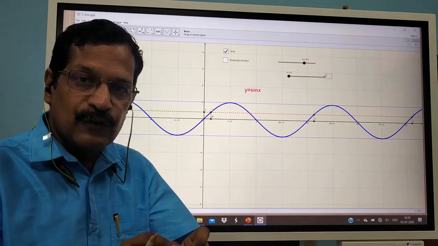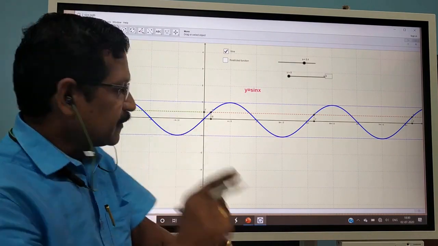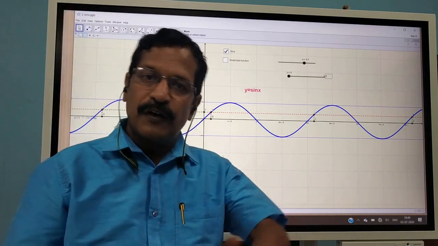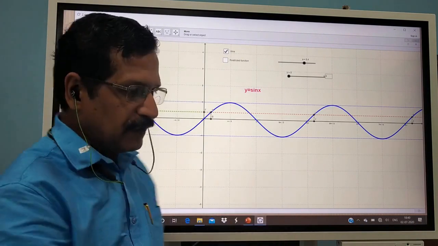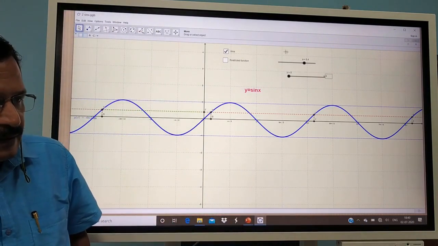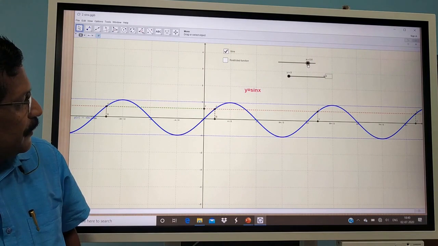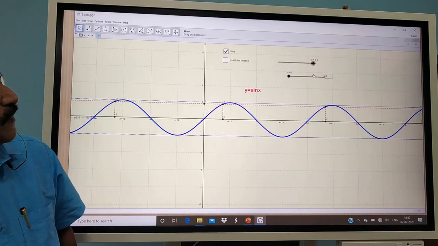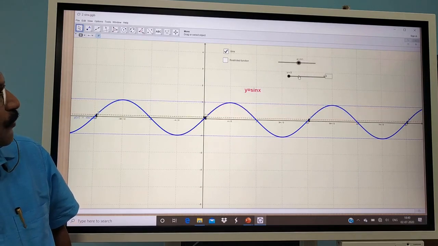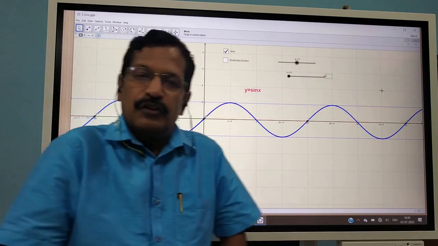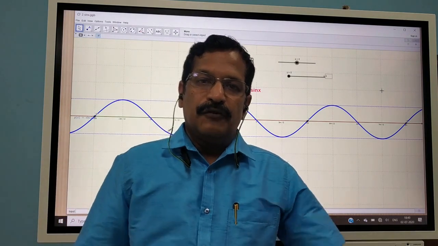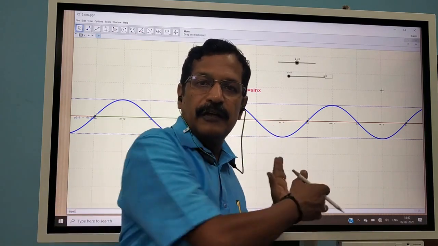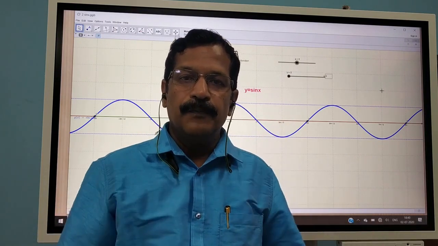For all these values, f of x, that is sine x, takes the same value. So it is not one-one, it is a many-one function, and hence it is not invertible. A function f is said to be invertible if it is one-one and onto. Clearly, it is onto, but it is not one-one.